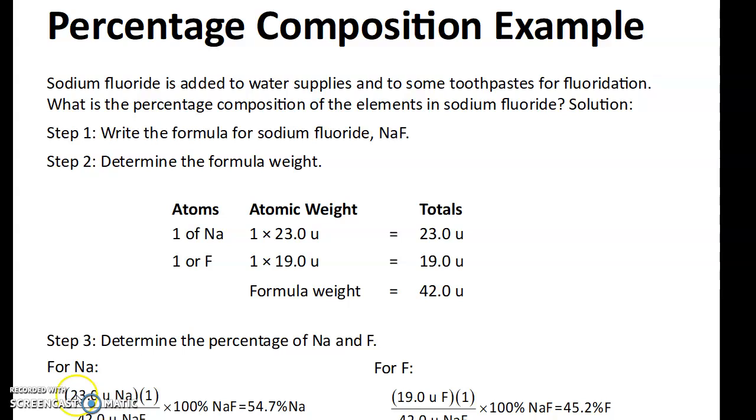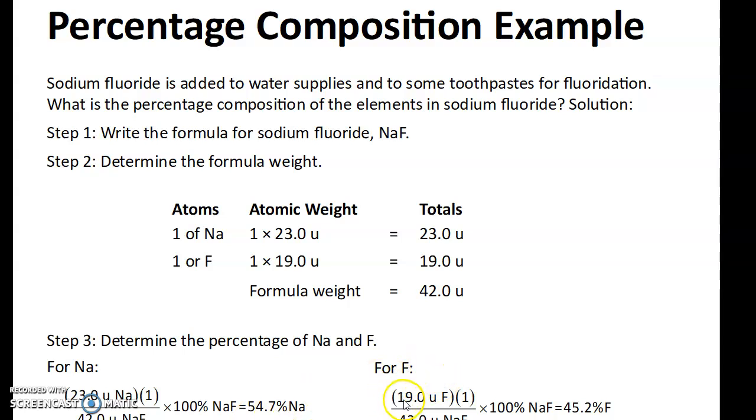For sodium is 23 units here, divided by the 42 for the total molecular weight. So that times 100% gives you that the percent of this that is sodium is 54.7%.